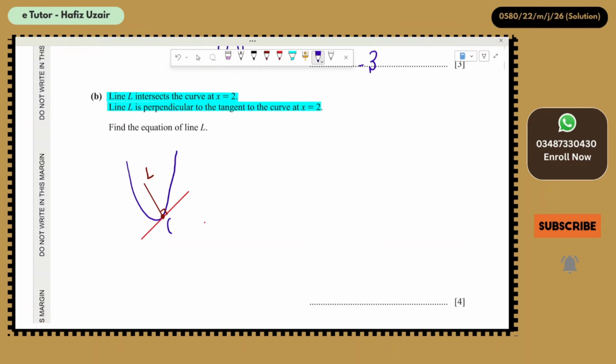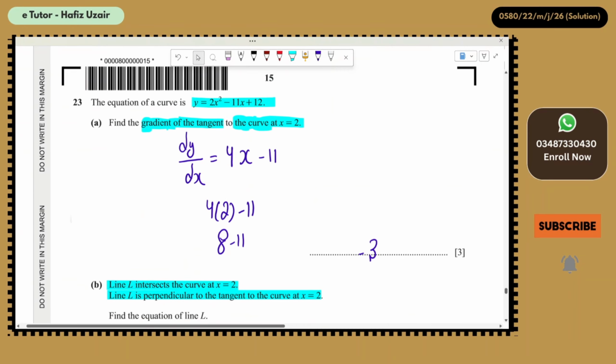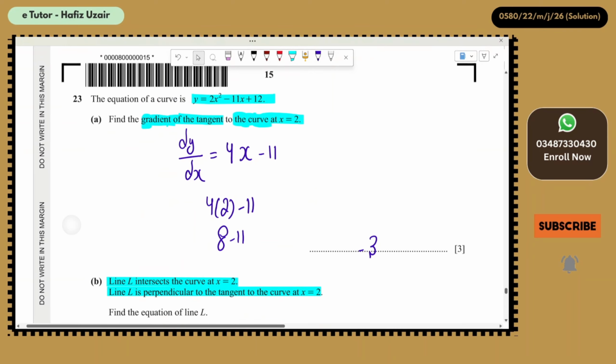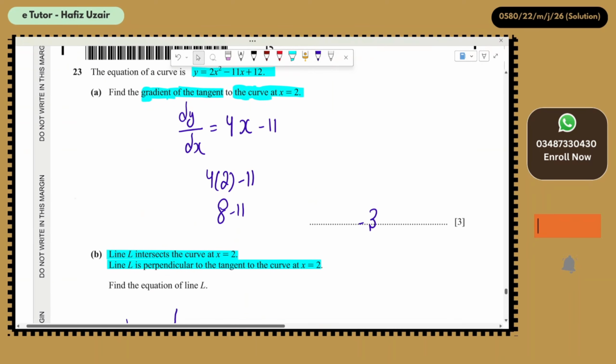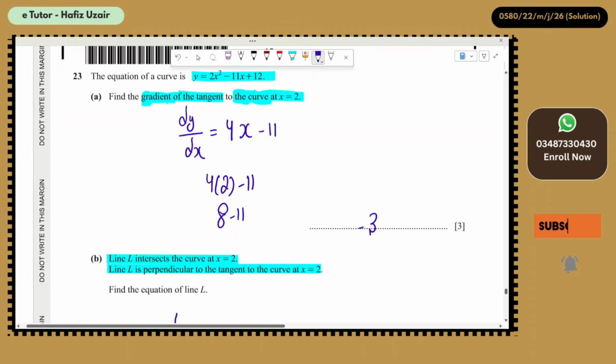Now the coordinate for this point is 2 comma question mark, as we don't have the y coordinate. Let's put this value of 2 in the given equation of the curve, y equals 2x squared minus 11x plus 12. So y equals 2 times 2 squared minus 11 times 2 plus 12.